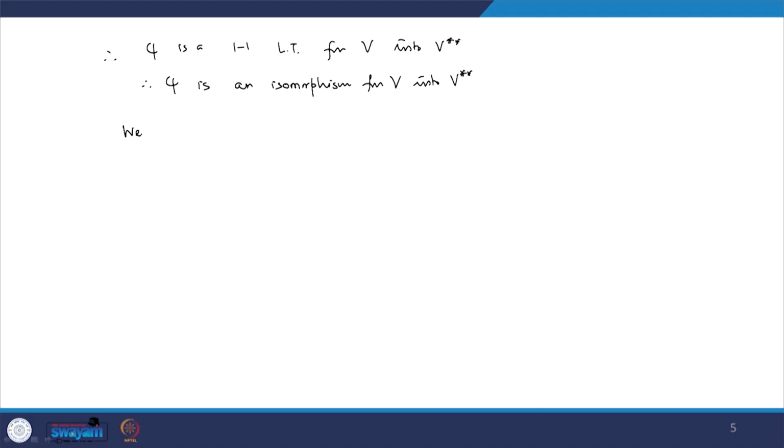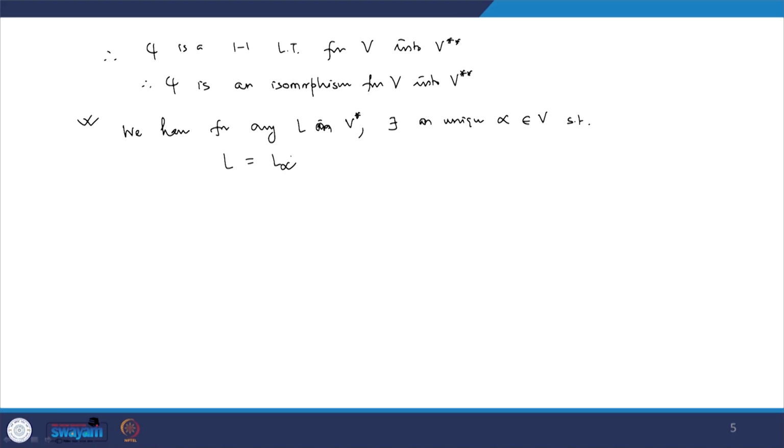See, so we have for any L in V star, I mean any linear functional on V star, there exists a unique alpha belongs to V such that L equal to L alpha, because we have seen there is a 1-1 map between V and V double star.